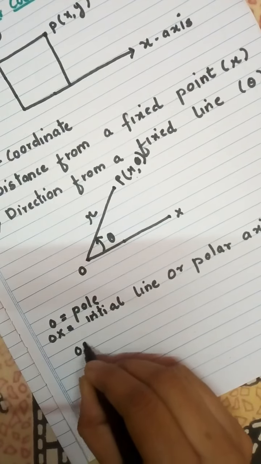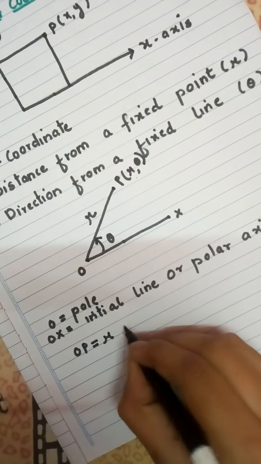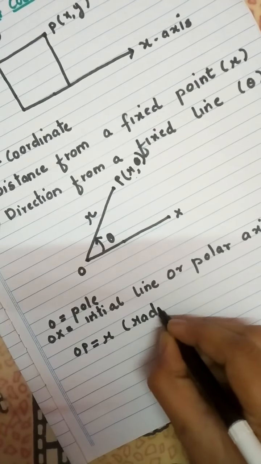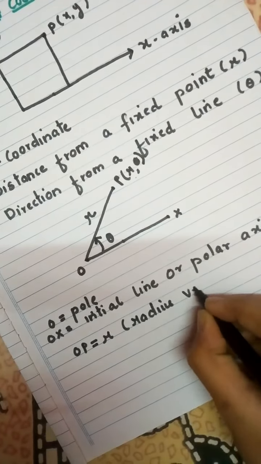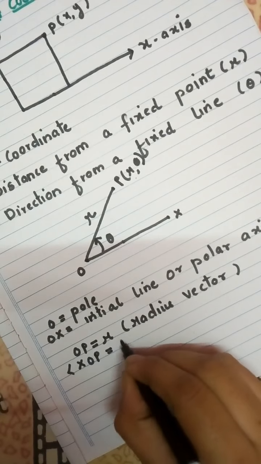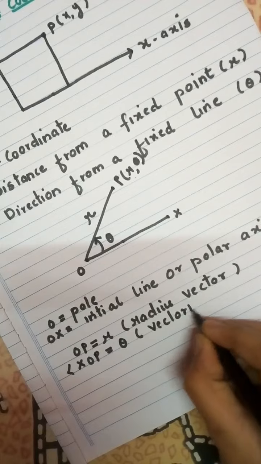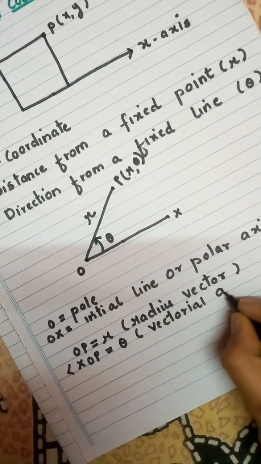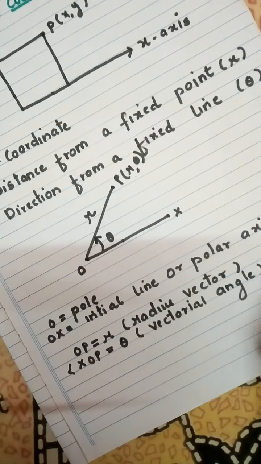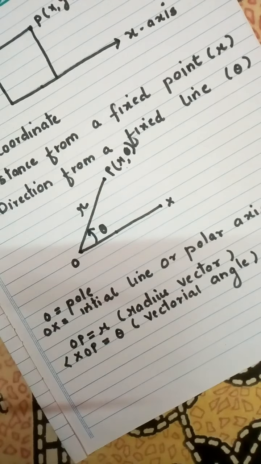Now this OP, which is equal to r, we call the radius vector, and this angle XOP, which is equal to theta, we call the vectorial angle.